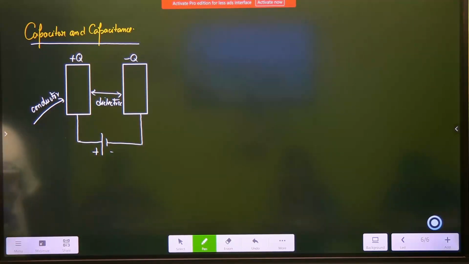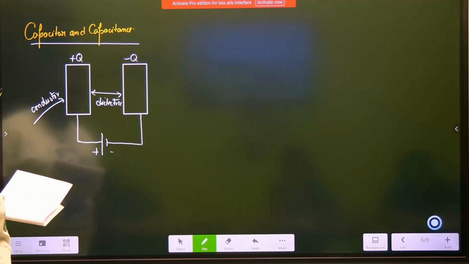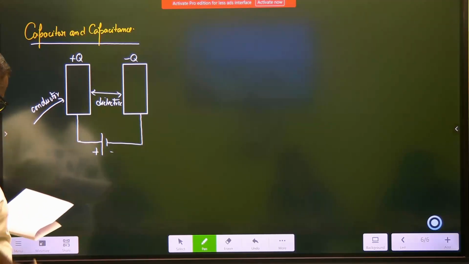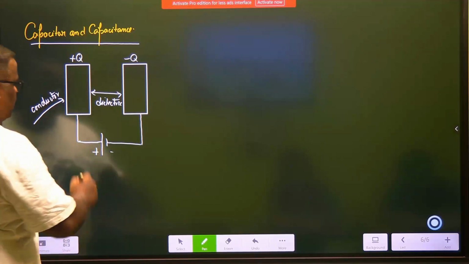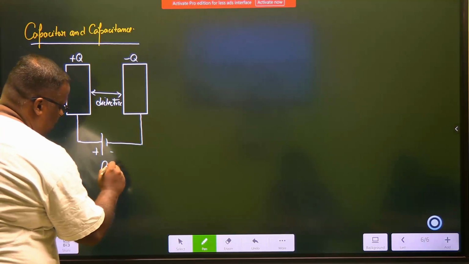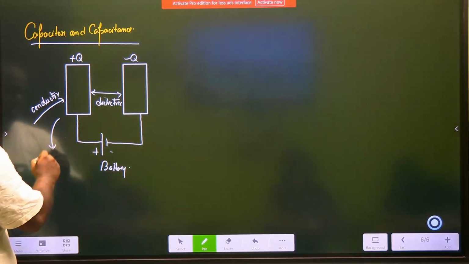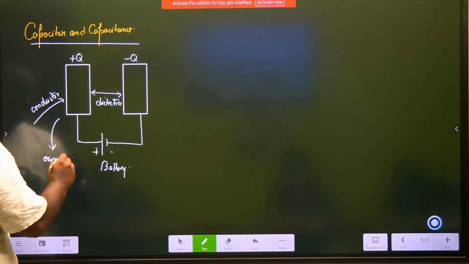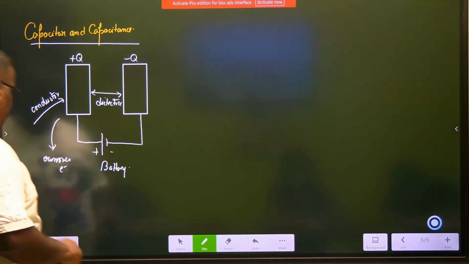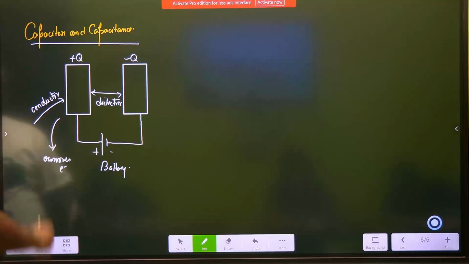So you can write down, capacitor is connected to a battery which removes electrons from one plate.